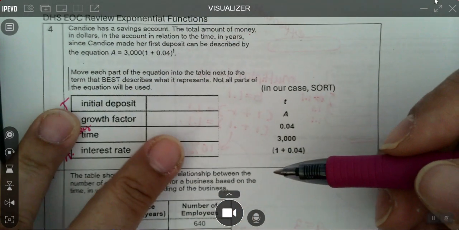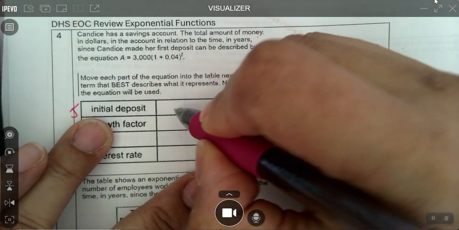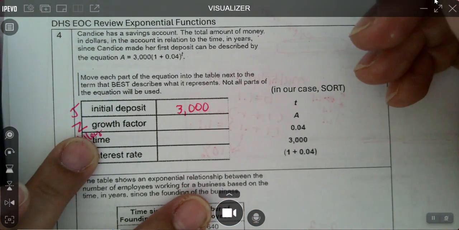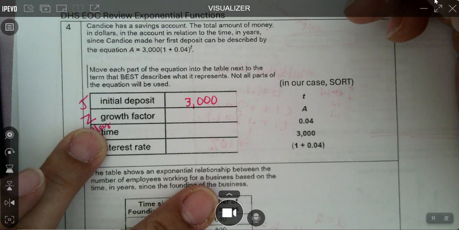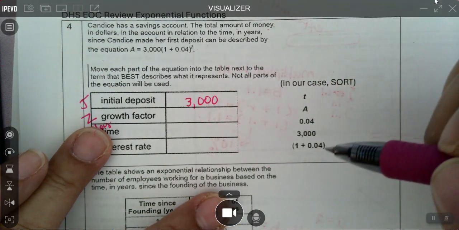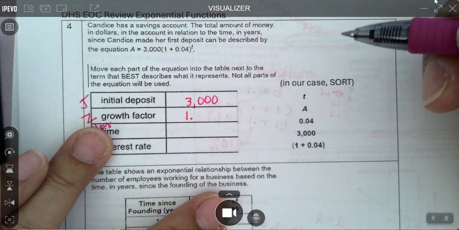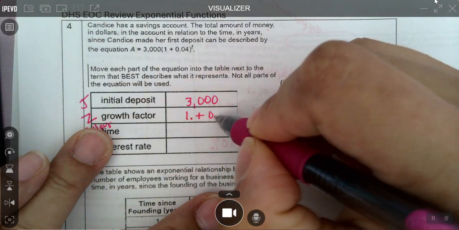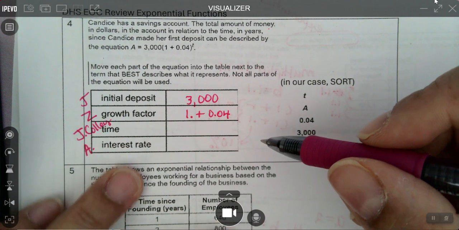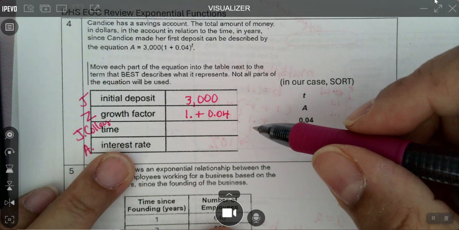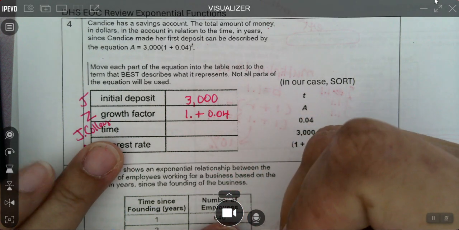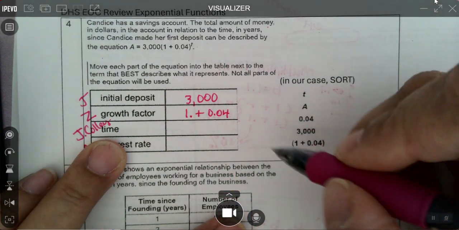All right, let's see. Justin. 3,000. If anybody thinks he's wrong, y'all got to say something. Zio, what's the growth factor? 1 point. All right. Anybody say she thinks she's wrong, maybe? All right, Kali, which one is time?